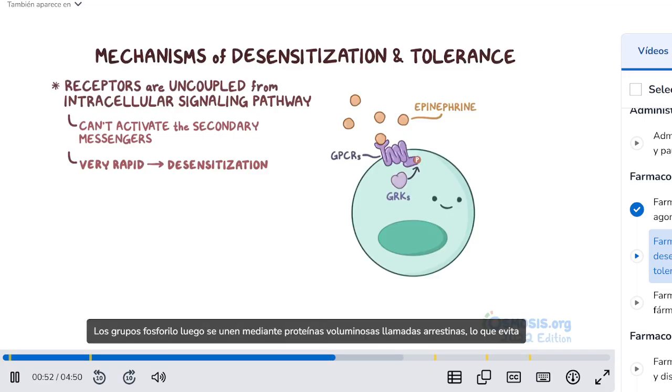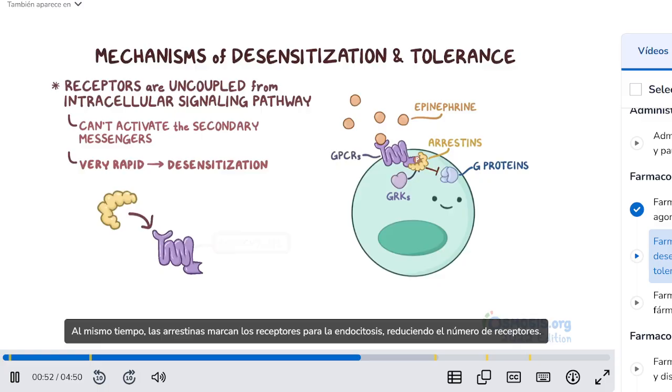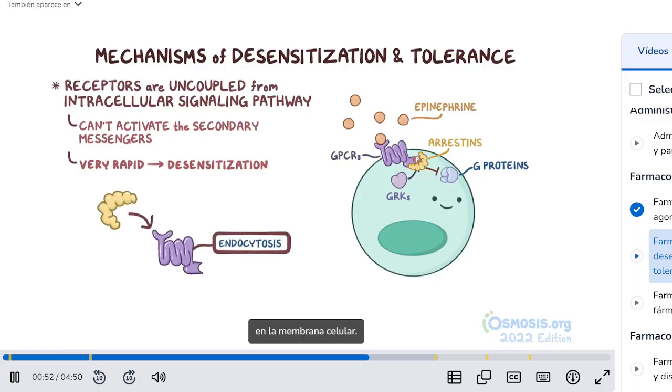The phosphoryl groups then get bound by bulky proteins called arrestins, which prevents the receptor from activating their neighboring guanine nucleotide binding proteins, or G proteins. At the same time, arrestins tag the receptors for endocytosis, reducing the number of receptors on the cell membrane.